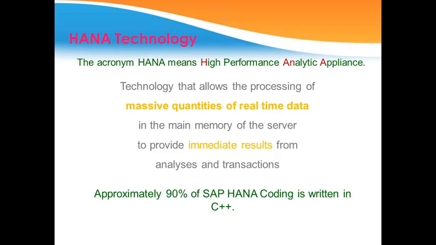So HANA is not only about the database, not only about the hardware technology, not only about the RAM, and not only about the software. It's the combination of all that is HANA.